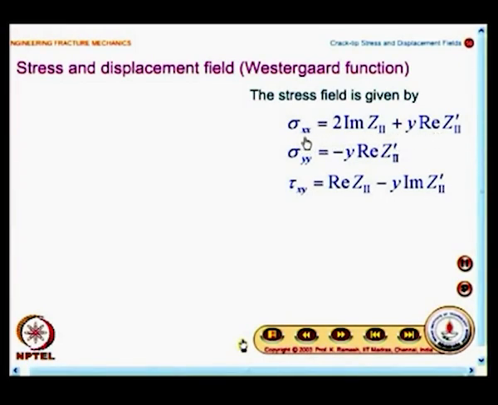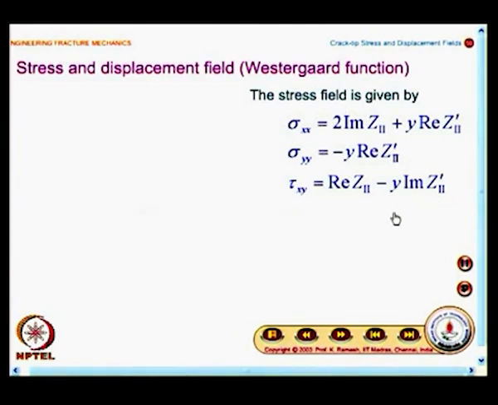So, I have sigma xx equal to 2 imaginary part of Z2 plus y real part of Z2 prime, sigma yy equal to minus y times real part of Z2 prime, tau xy equal to real part of Z2 minus y imaginary part of Z2 prime. So, we have the stress field.